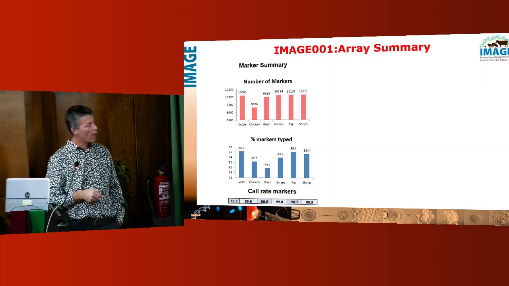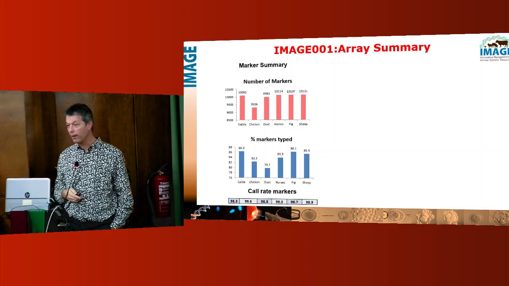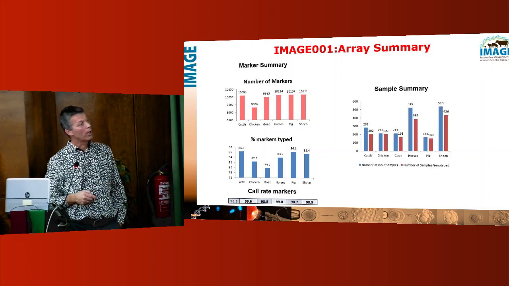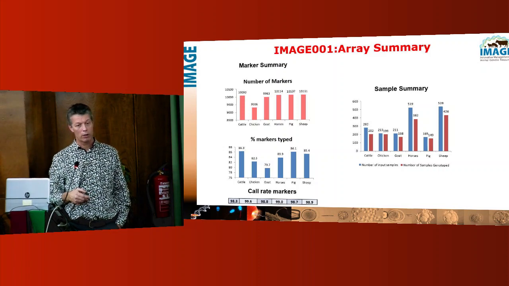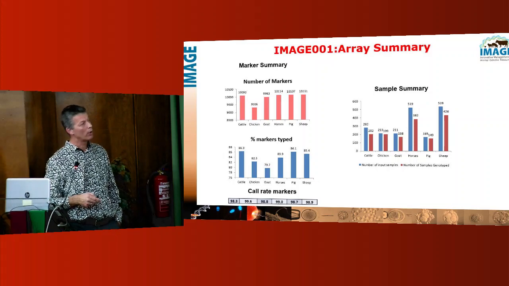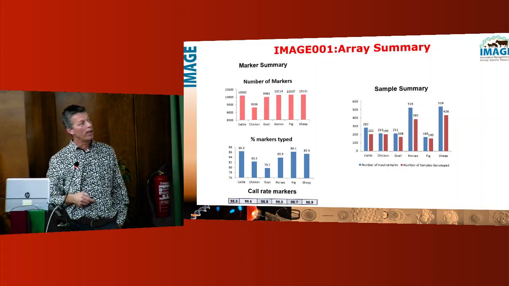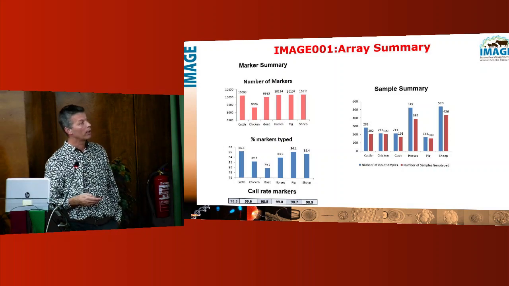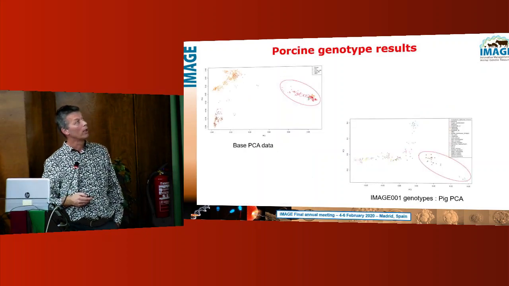But if the marker was typable, the call rates are quite nice and quite high. This is the samples which are genotyped. There are some dropouts, but that's because of the one plate which failed. As soon as we have this new data, I think we will fix this quite nicely, and then I think it's a very nice tool.